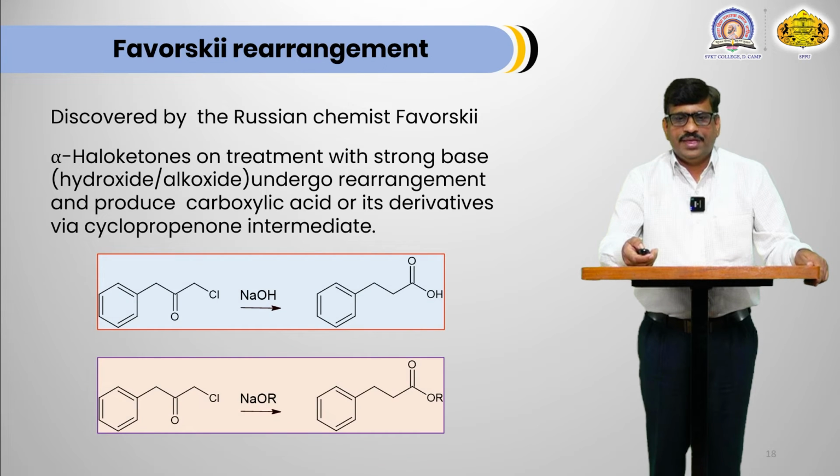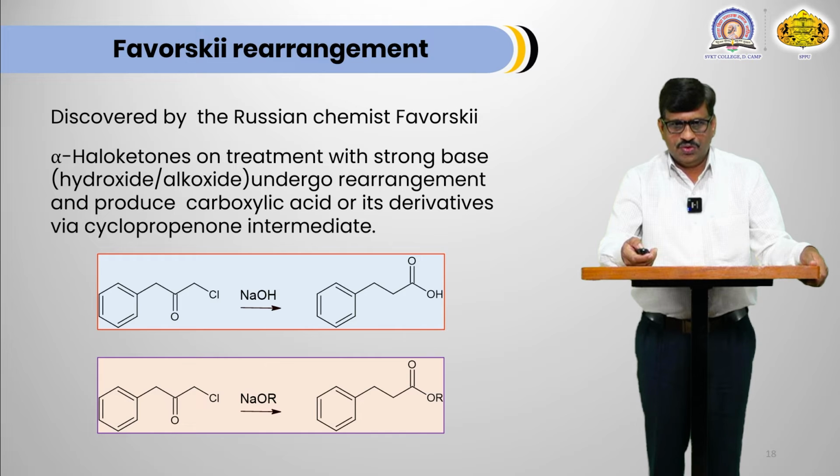These are some reactions showing how the compound is converted. In this case, an alpha haloketone is shown. It reacts with NaOH and there is formation of the corresponding acid. When this alpha haloketone reacts with sodium ethoxide or sodium methoxide, there is formation of the corresponding ester.